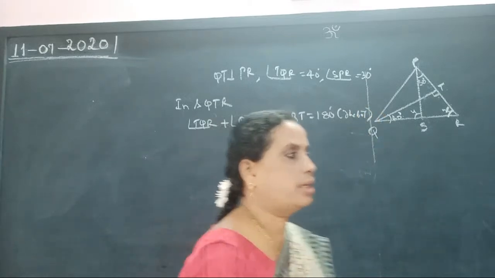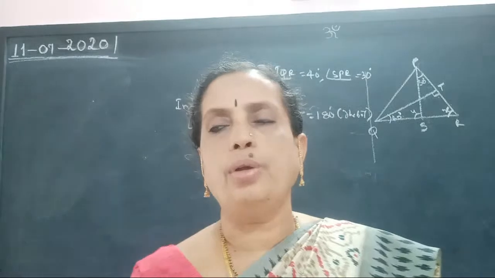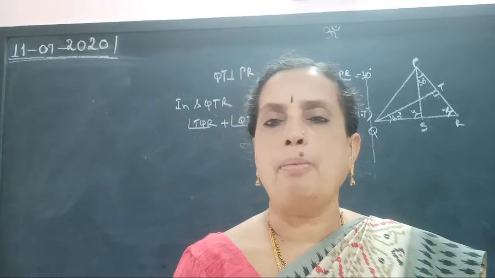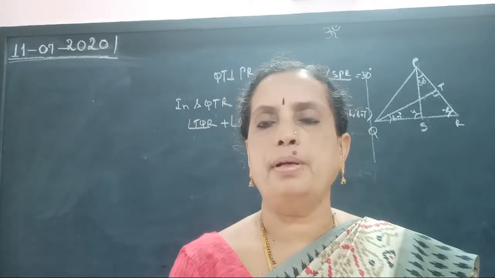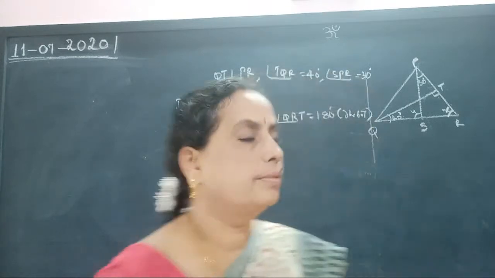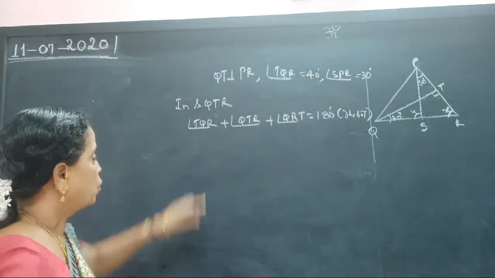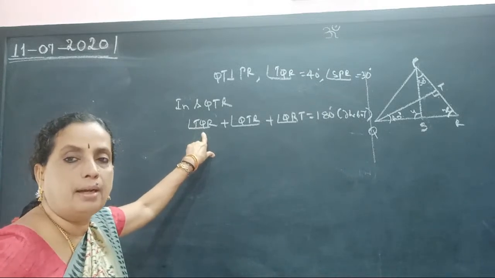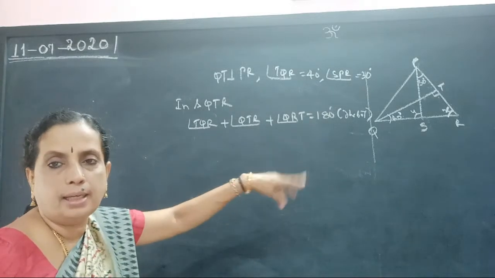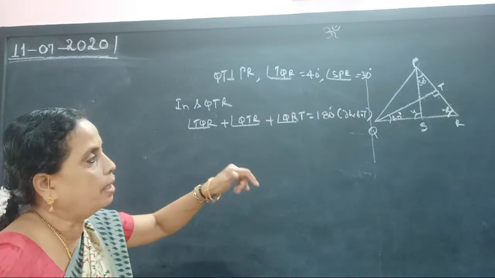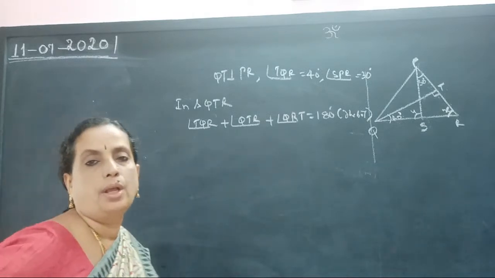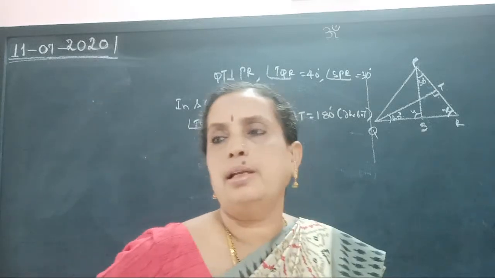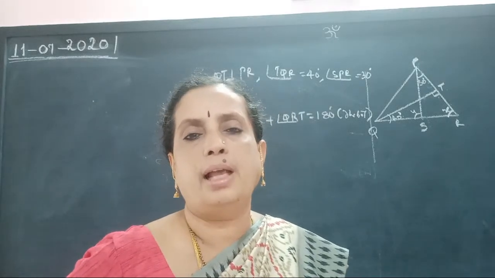Suppose you forget the theorem number, then you can use the property name, angle sum property. Okay? So I am mentioning the angle using 3 letters. The middle letter represents the angle. Is it clear? Don't go with Q plus R plus T. You have to exhibit the angle in terms of the 3-letter angle.